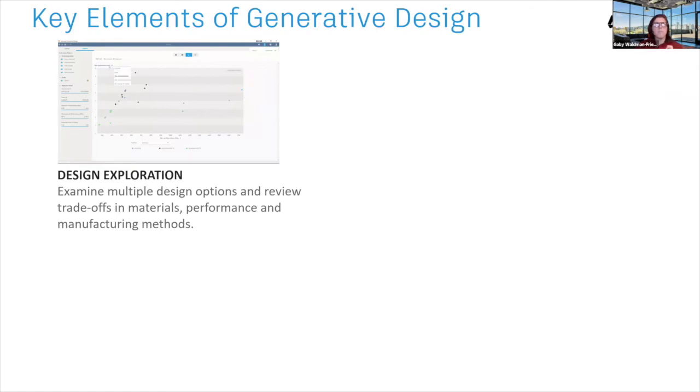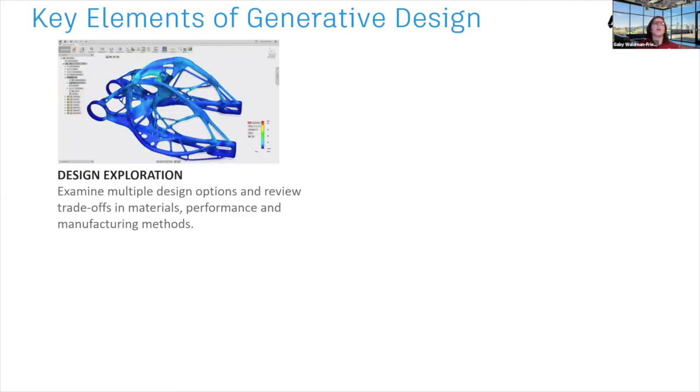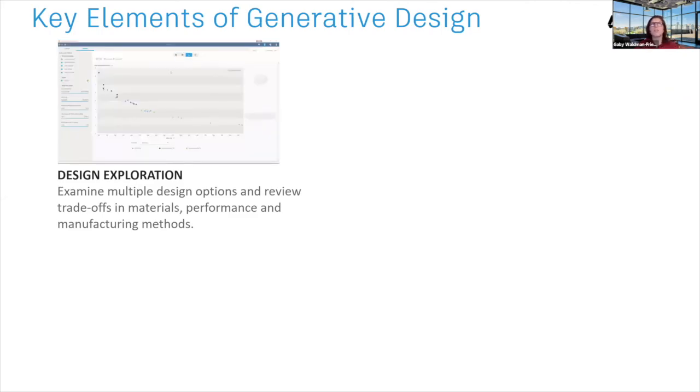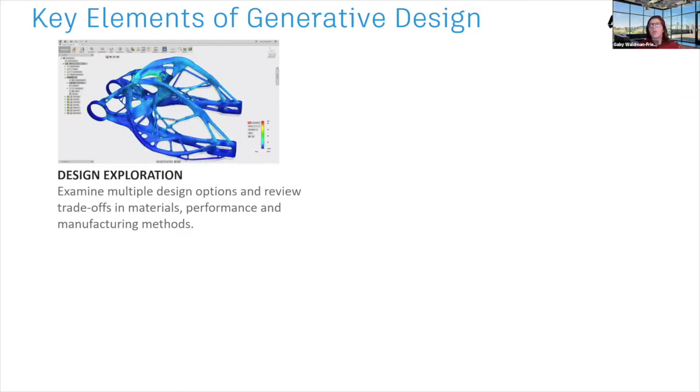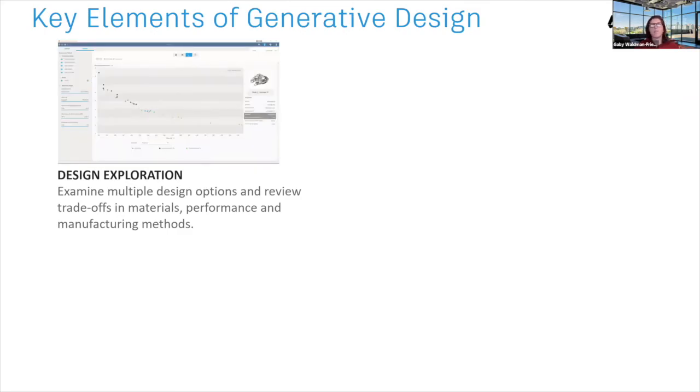So like I said, generative is a process by which you are guiding the computer towards optimized designs and delivering a lot of results. And what you're putting into that algorithm is basically a parameter sheet. You're telling the software what materials you want the outcomes to be made of.